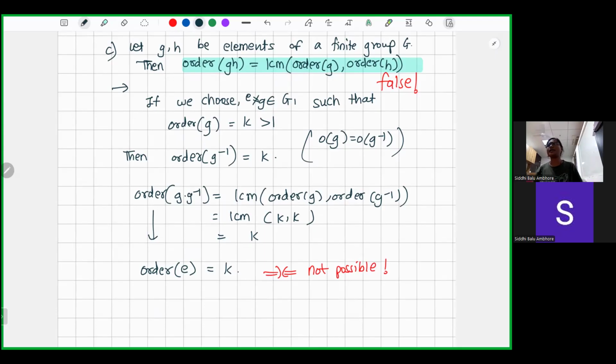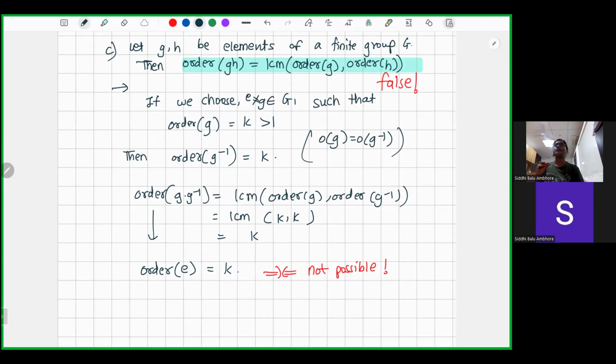maybe Sn. Take Sn. Sn is a non-abelian finite group. Any finite group will be isomorphic to some subgroup of Sn. This is a statement. Forget about that.